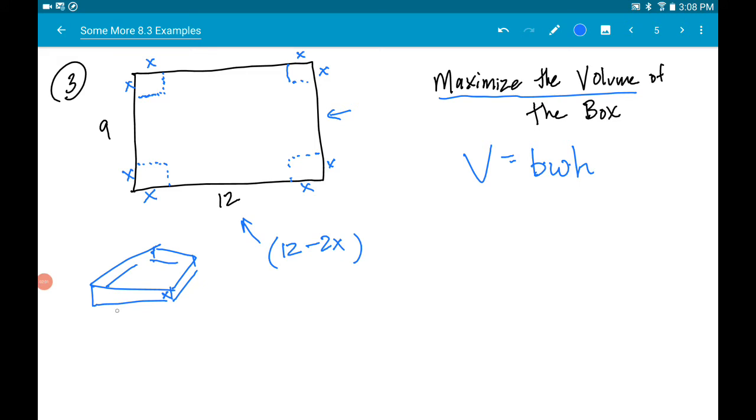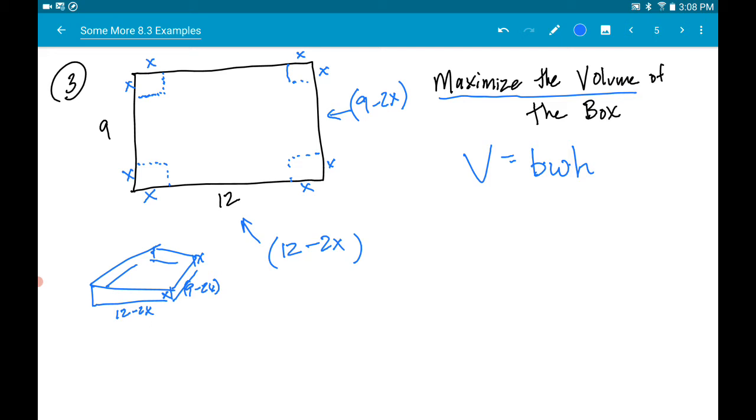When I fold this side up, you've got 9 minus the 2x, or the two corners that I cut out. And when you fold it up or cut out your corners and try it on your own, the height of the box is just going to be whatever x units you cut out.